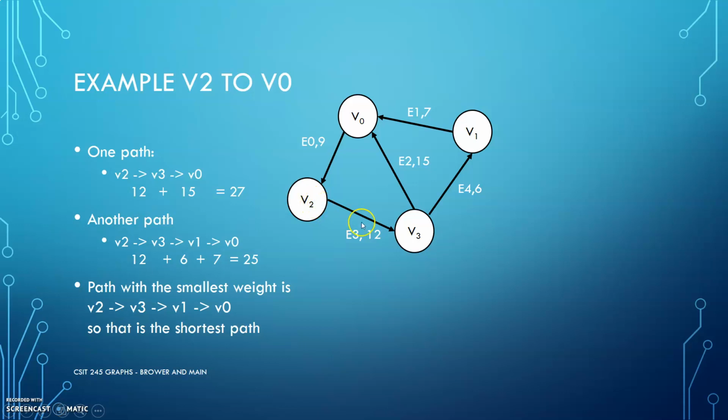So going from vertex 2 to vertex 3 incurs a cost of 12, and from vertex 3 to vertex 0, an additional 15 for 27. But another path that we can go is vertex 2 to vertex 3 for 12, vertex 3 to vertex 1 for an additional 6, that's 18, vertex 1 to vertex 0, an additional 7, that's 25. That actually has, in terms of these costs, less weight.